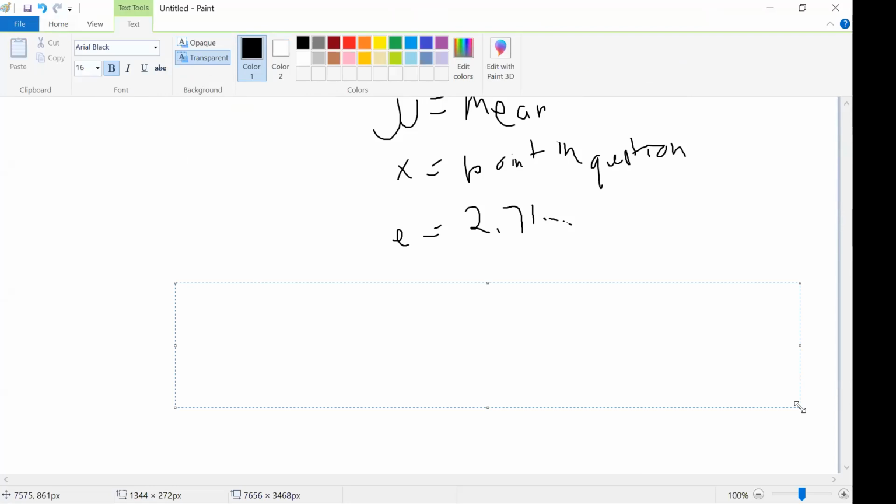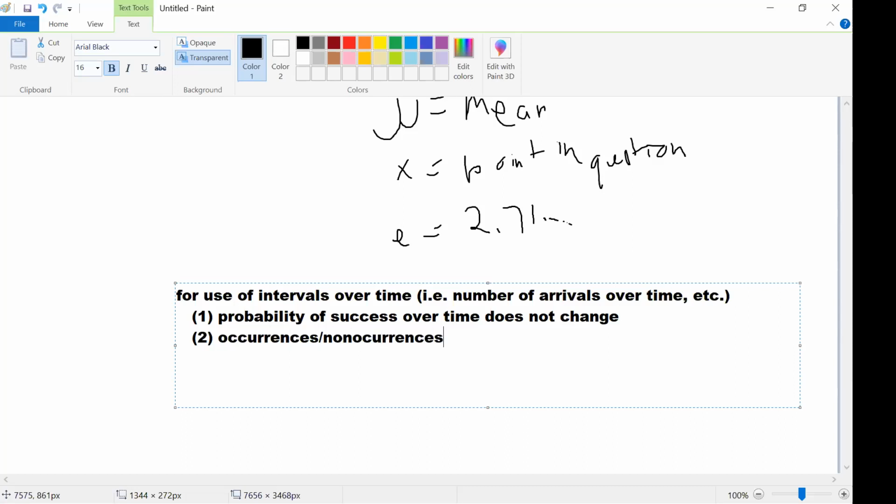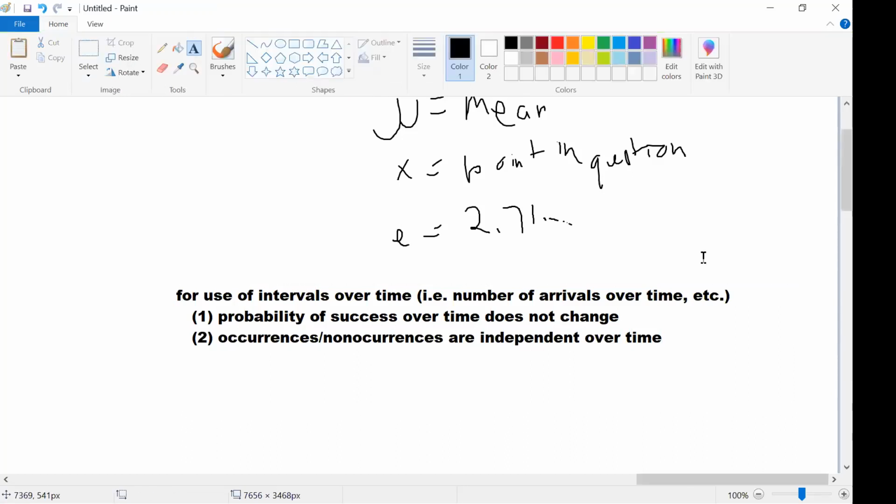I'm going to start typing. All right. These are our 3 conditions.